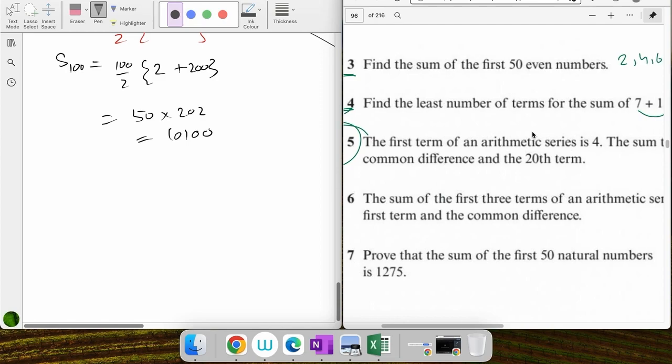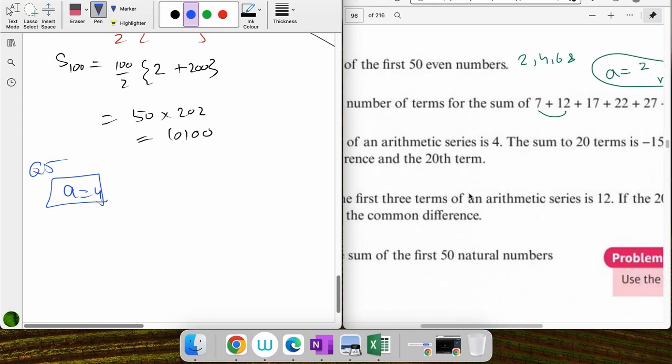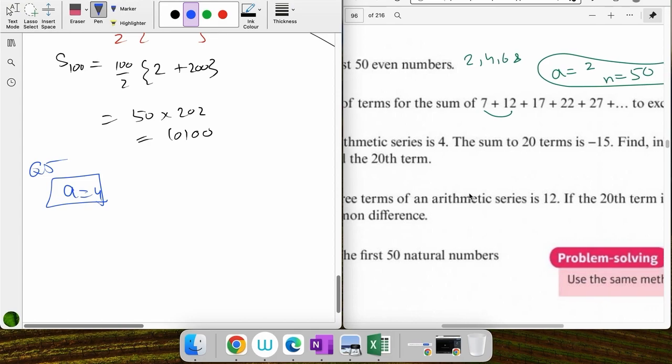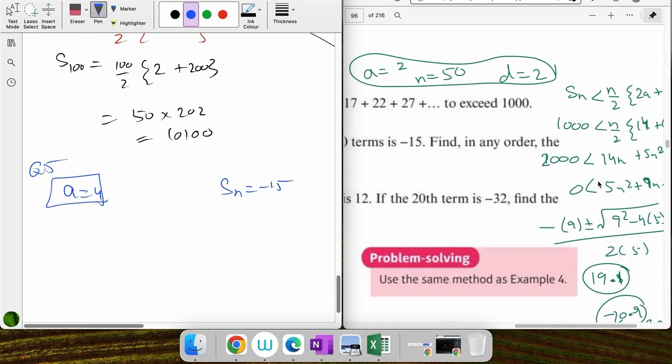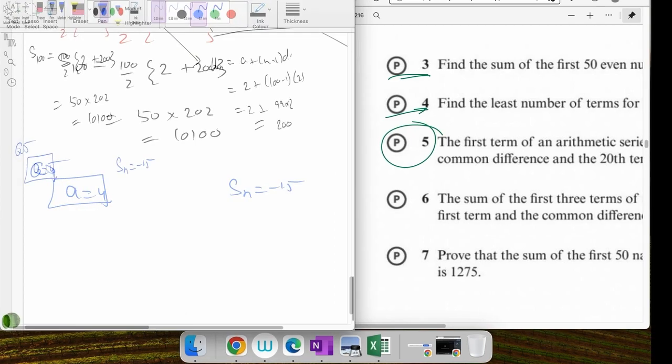Number 5 says the first term of an arithmetic series is 4, a is equal to 4. The sum to 20 terms is minus 15, Sn is equal to minus 15. Find, in any order, the common difference and the 20th term.